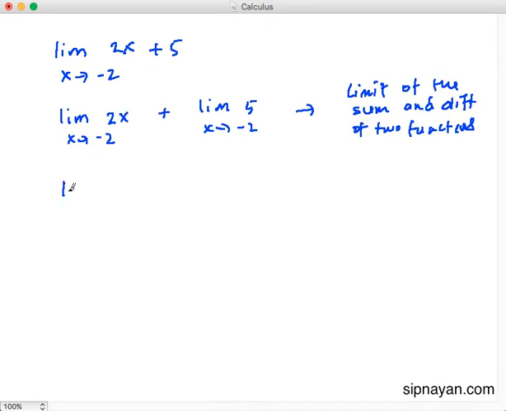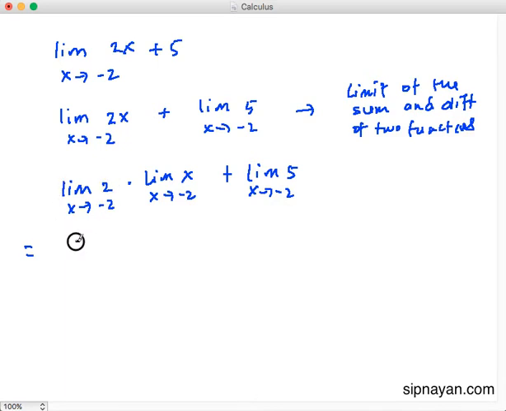So this is limit of 2 as x approaches negative 2 times the limit of x as x approaches negative 2. And then copy natin to plus the limit of 5 as x approaches negative 2, which is equal to, pwede na natin compute to. This is a constant function, so this is equal to 2, whatever the value here, and this is negative 2.